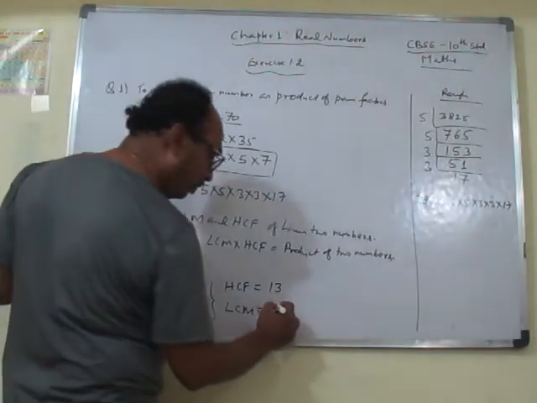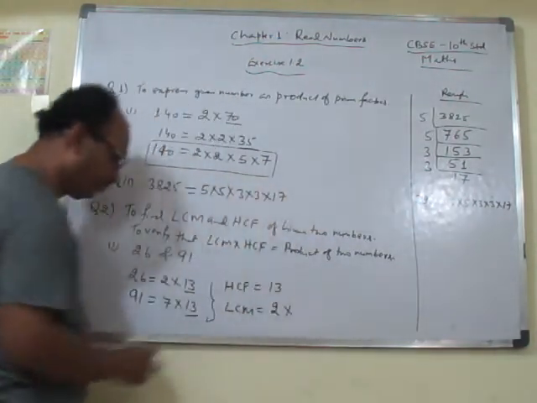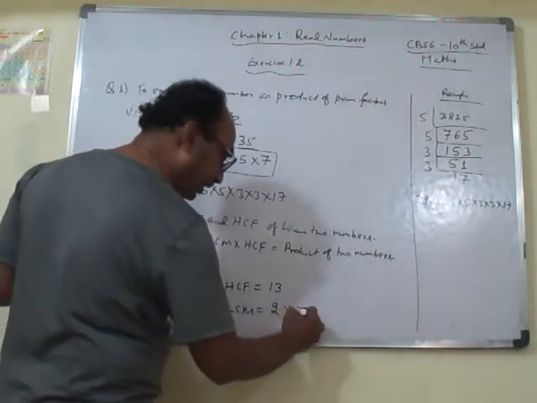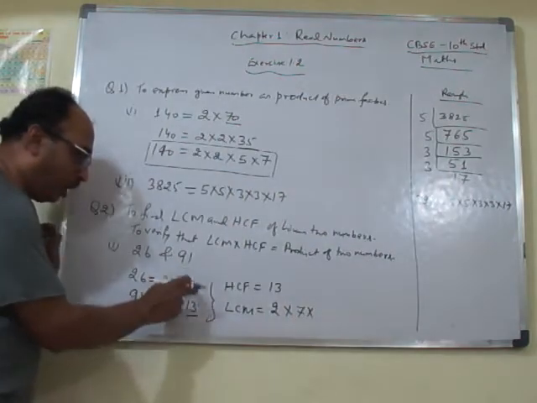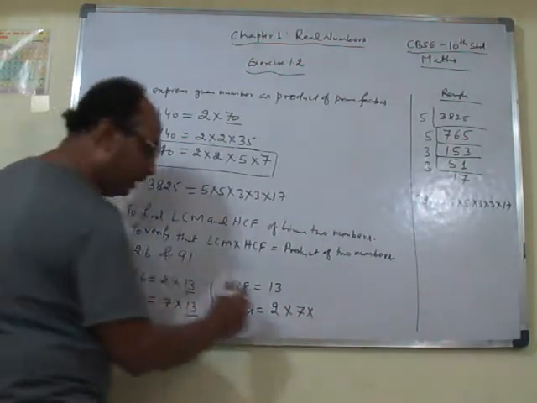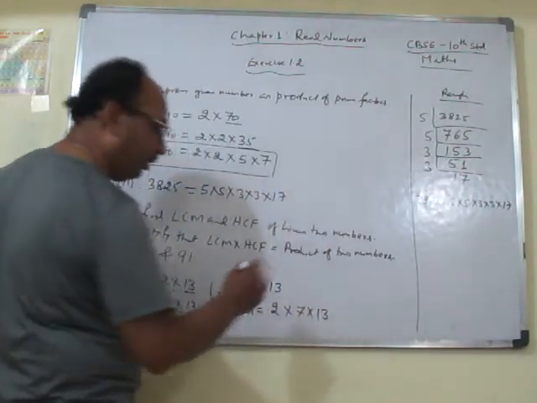So we write 2 again. Another one is 7, it will come as it is. The common one, 13, also has greatest power 1. So it is 13.